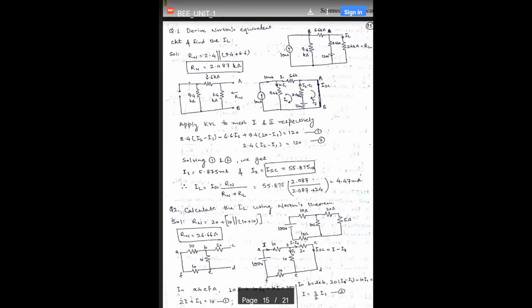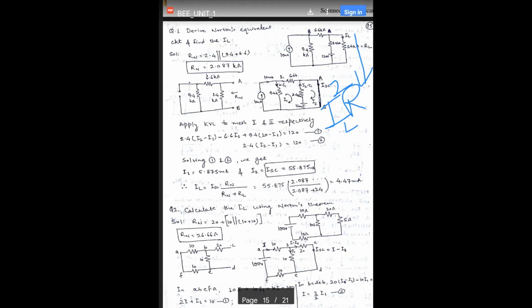If the current which is flowing in the load is known to us, then we can easily calculate the drop across the load and the power consumed across the load. So this is one type of numerical which we can face.